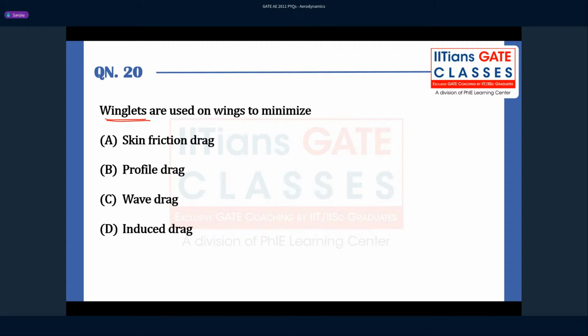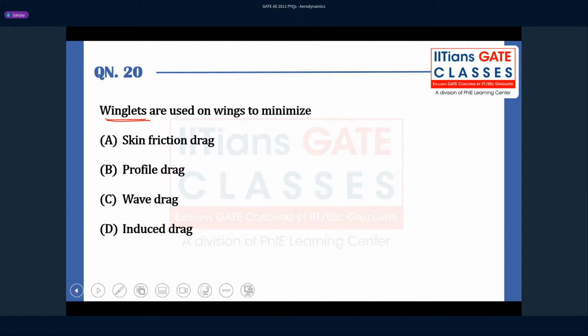Those who are watching the session can comment. If you have seen a real aircraft, you would have noticed there are winglets on aircraft wings. Where are these winglets located? They are located usually on the wing tips, right?